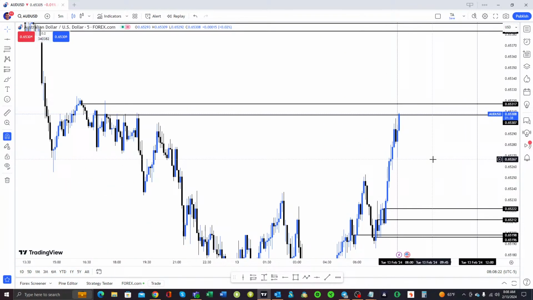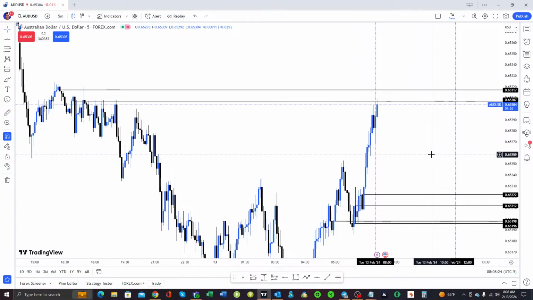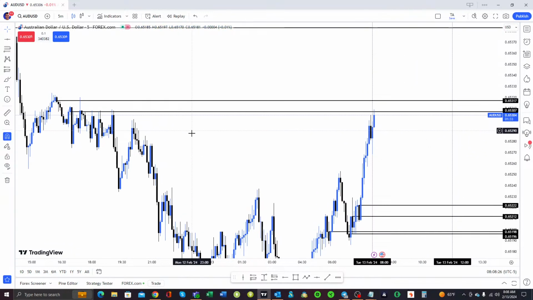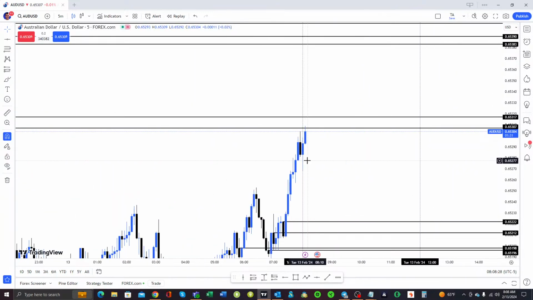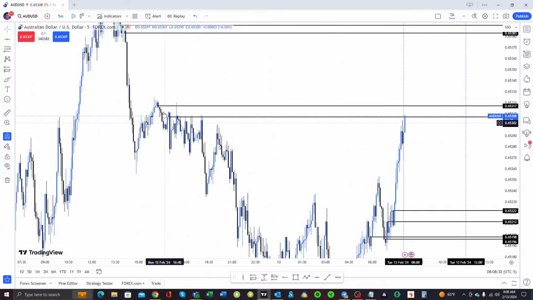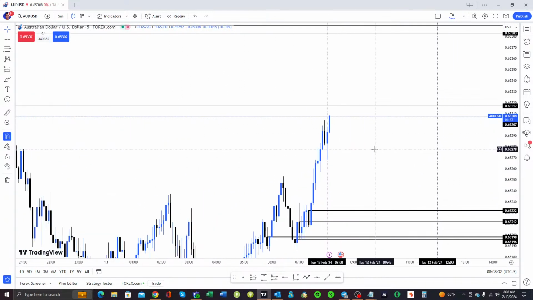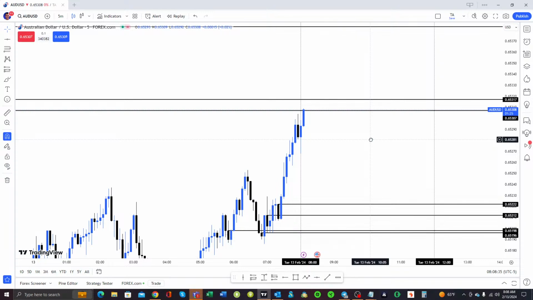But we're getting into some supply here. There's only really two supplies left that we're looking to hold in this whole consolidation range. We'll see if this is one of them.